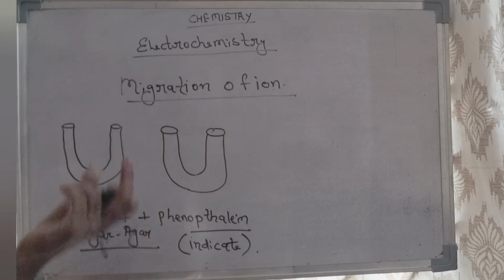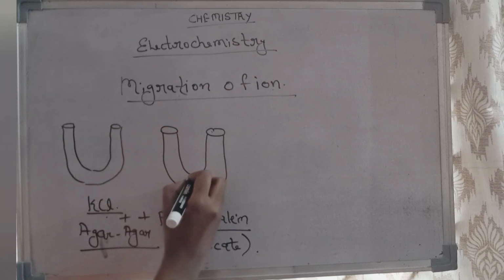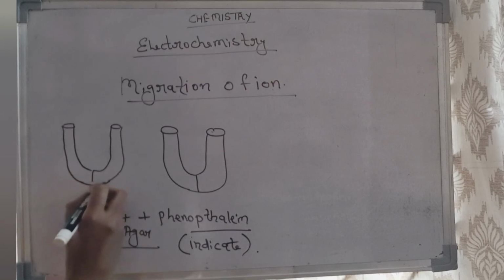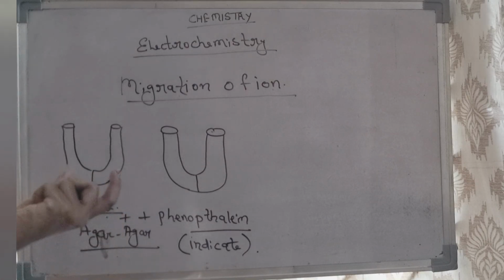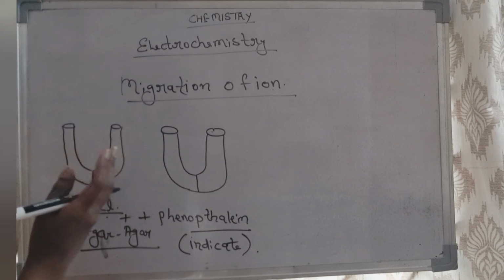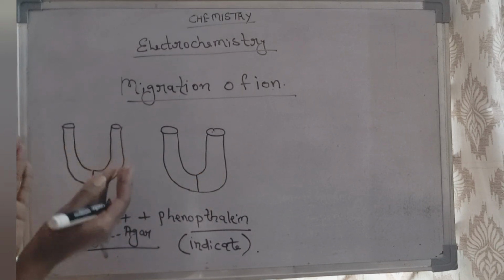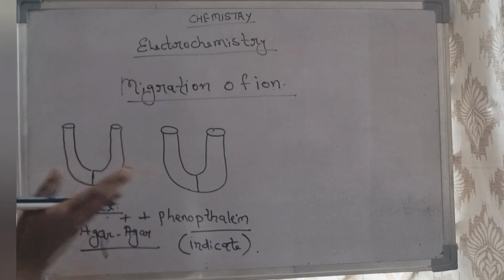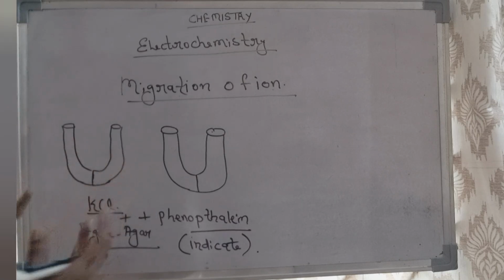For example, this is your mark where I have divided this U-tube into two parts. To not get acid and base together, I have separated them with a mark, using any kind of paper or chip to keep the acid and base solutions apart.